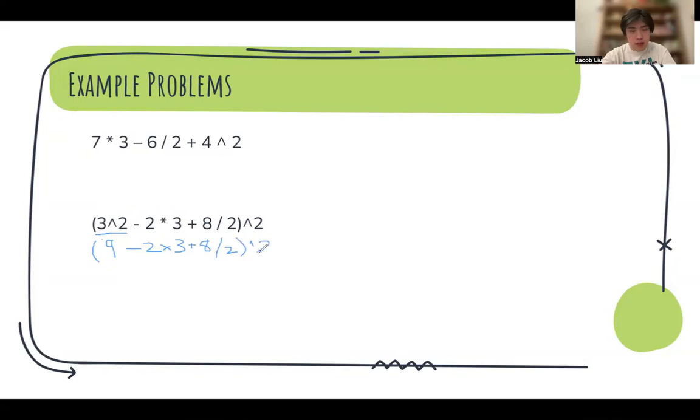Okay, next. Is there any other exponents? No. How about multiplication and division? Yes. Okay, next. Addition and subtraction from left to right.